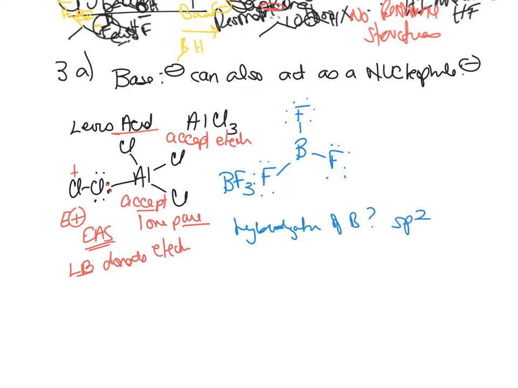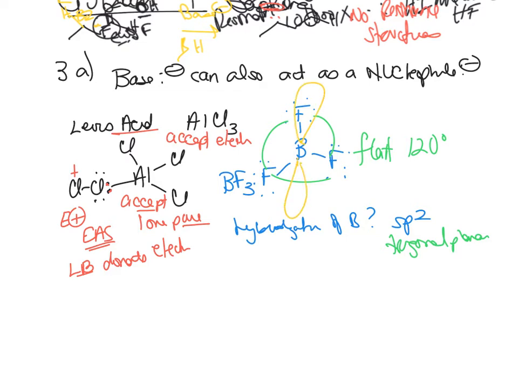So that means it has trigonal planar geometry, and it basically is flat. So this is flat. Everything's 120 degrees. And then above the boron and below you have an empty p orbital. And so a Lewis acid will accept lone pairs into this unhybridized p orbital.